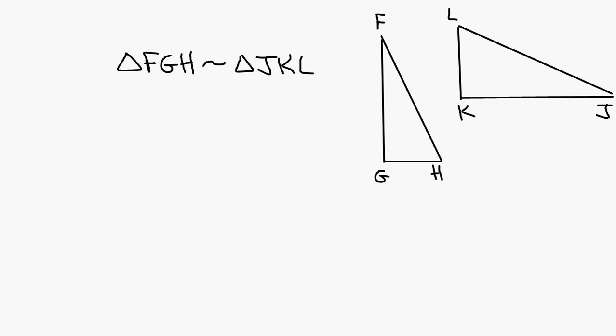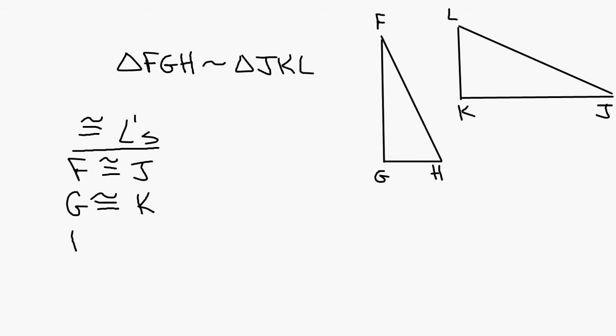List all pairs of congruent angles. What angle is congruent to F? J, good, because they're both first in the description. And G, what's G congruent to? Good. And H is congruent to L. So there's your list of all the congruent angles.